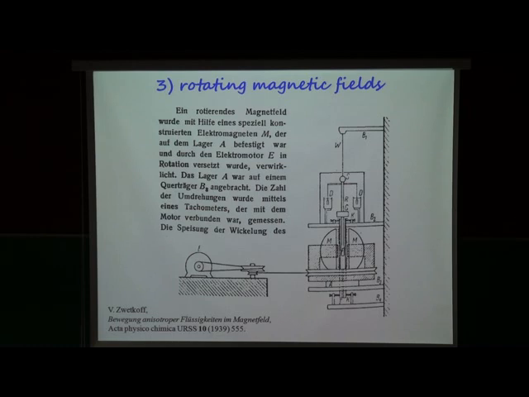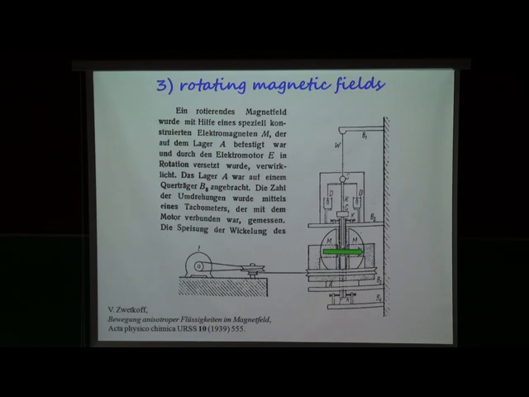So this is a Soviet publication in German, and you see how Tsvetkov applied a rotating magnetic field. He had some permanent magnet driven by a motor here, and then you had some connections with mercury and so on, and he could measure some torque. So it's a very early nice experiment, but he did not measure the impact of a rotating field on ferrofluids, but on liquid crystals. And he observed that a rotating field spins up a flow in liquid crystals.